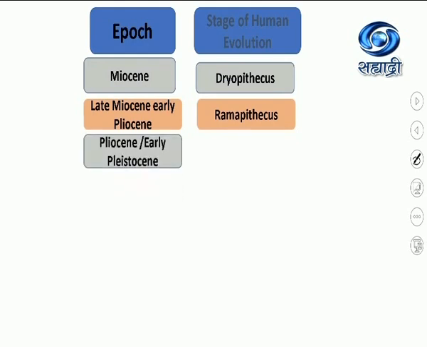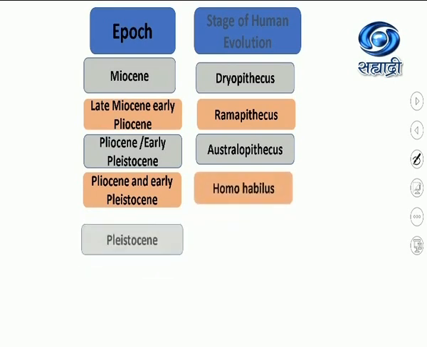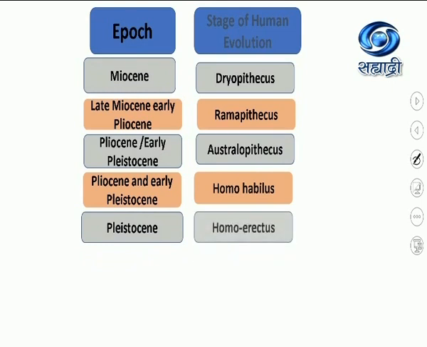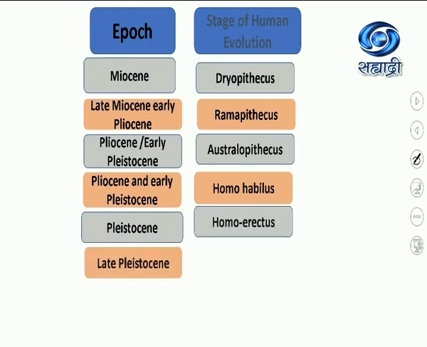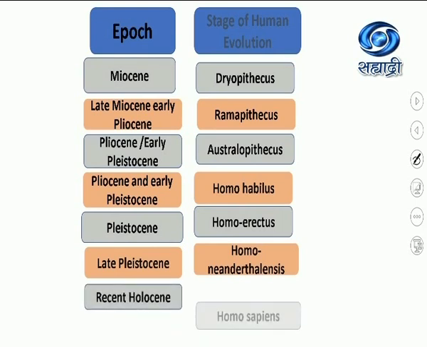During the Pliocene or early Pleistocene, the Australopithecus developed. During the Pliocene and early Pleistocene, the Homo habilis developed. During the Pleistocene, Homo erectus developed. Late Pleistocene, Homo neanderthalensis developed. And recent Holocene epoch, the Homo sapiens developed.